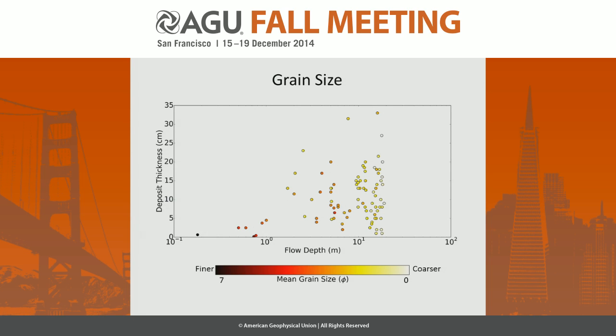So another potential explanation is that as you move landward, flow depths decrease in a tsunami, and you also have coarser grain sizes being deposited first, resulting in a landward fining of the tsunami deposit as flow depths decrease.